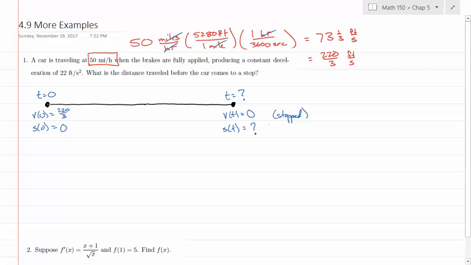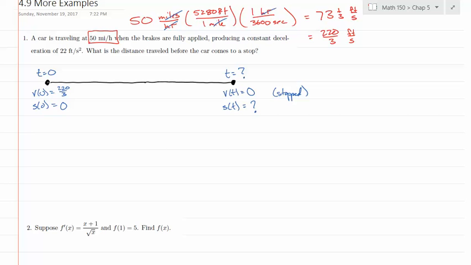We really don't know what the position is at that point. Really, that's what we're trying to find. We're trying to find how far the car traveled before coming to a stop. That would exactly be this s, this position. Okay, so there's the picture.